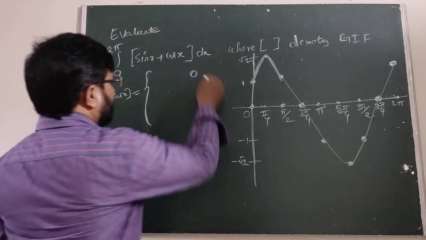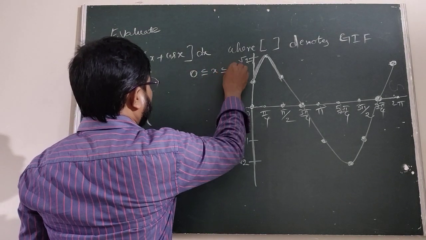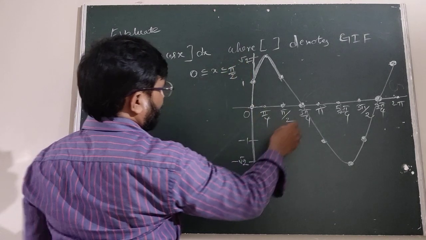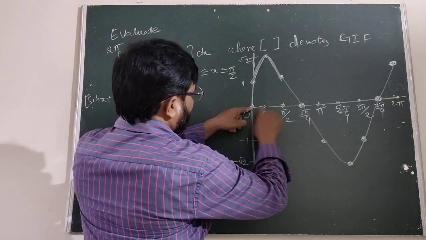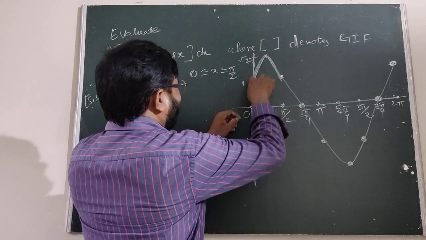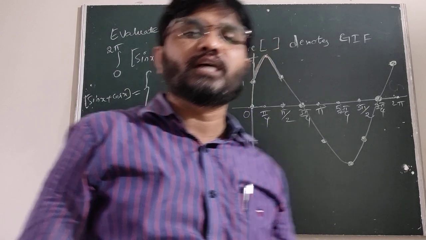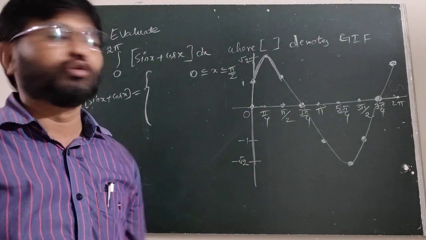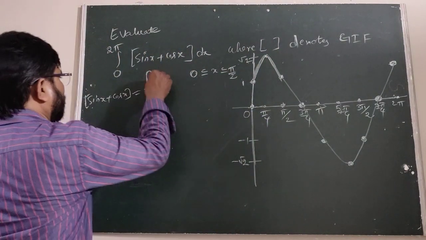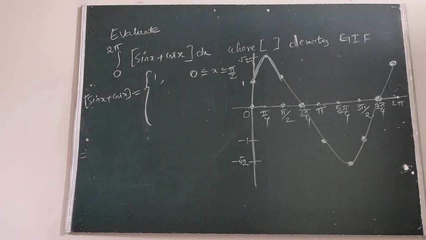Therefore, this is 0 less than or equal to x less than or equal to pi by 2. The step of 1 to root 2, undoubtedly we got 1. Is it clear?